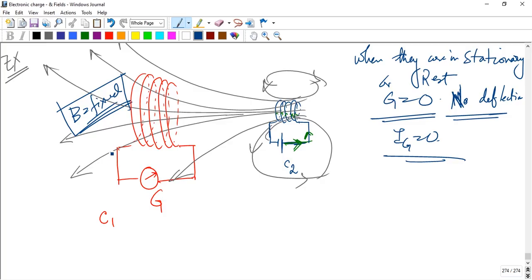But when they are in motion, with any relative motion, if either C2 or C1, any one of these two coils, is moving towards or away from each other, then we get some current.